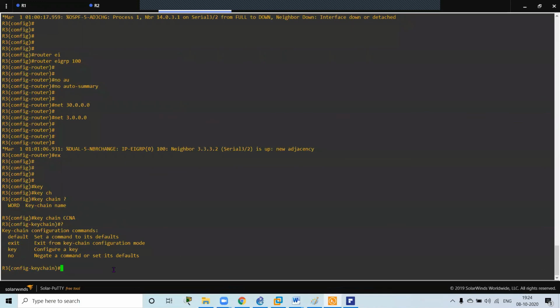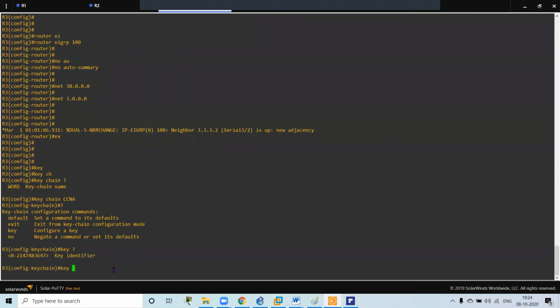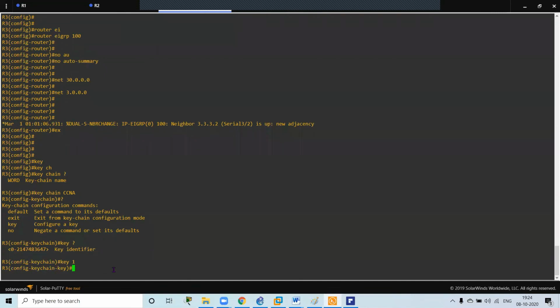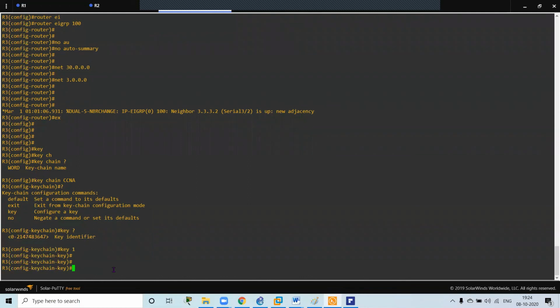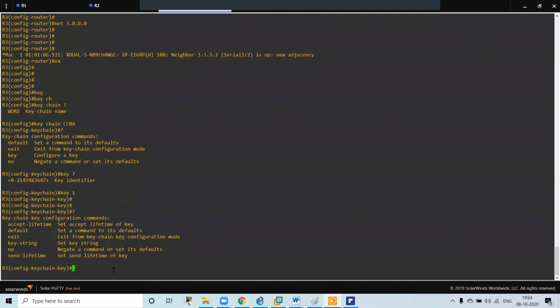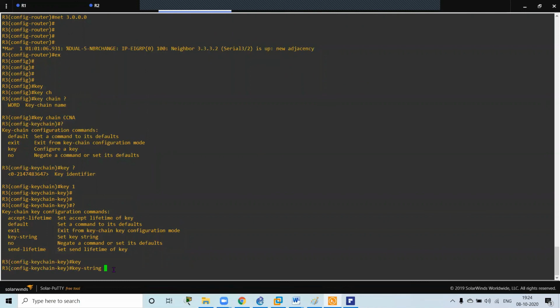Inside the keychain I have different options: default, exit, key, no. So I will create a key. Key ID is 1. This key ID and key string should match on both the sides. The key string, the password, will be Cisco123 suppose.